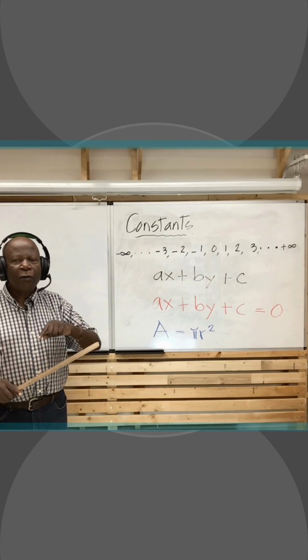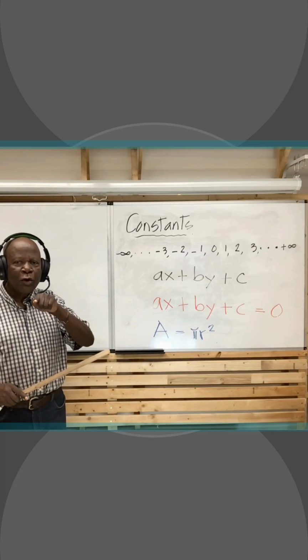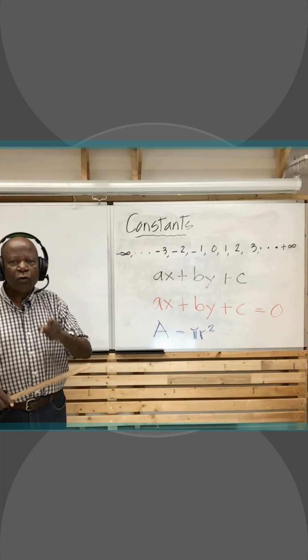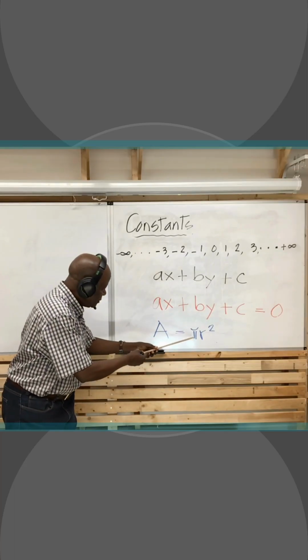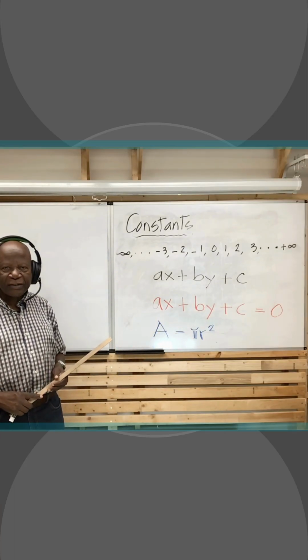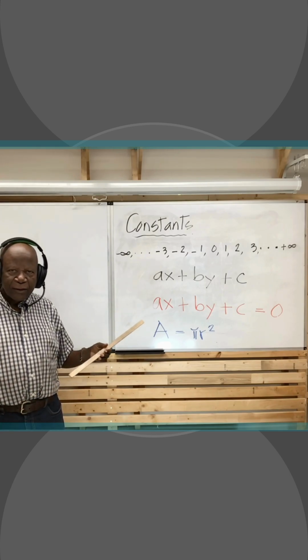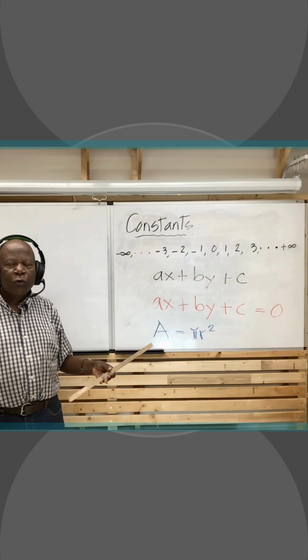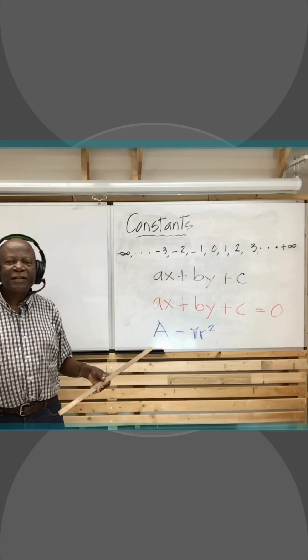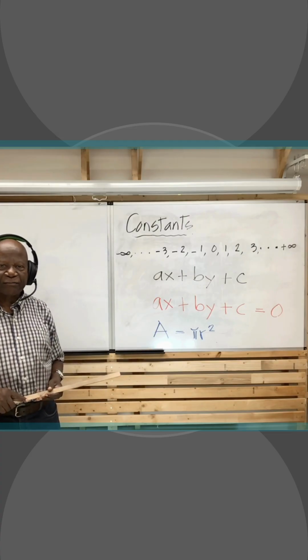The ratio of the circumference of a circle to its diameter is always constant, which is represented with the Greek symbol pi. That's why we said outcome will remain the same in any situation or circumstances.